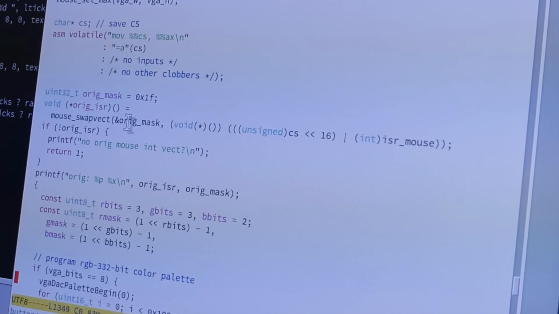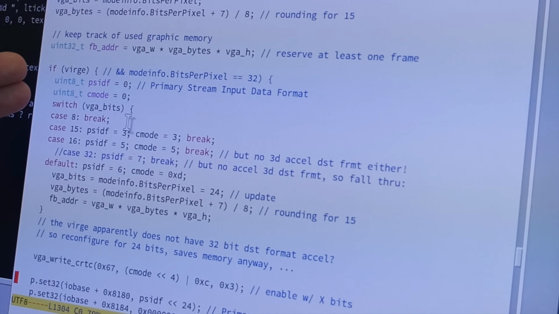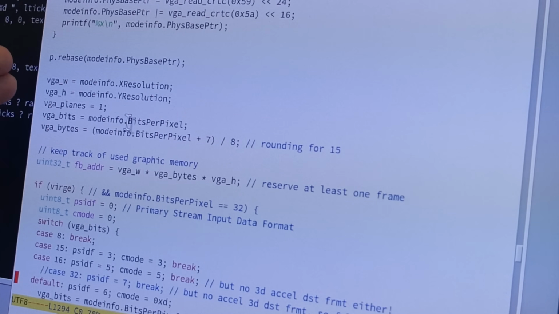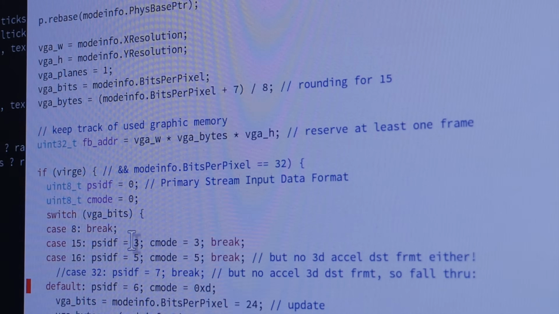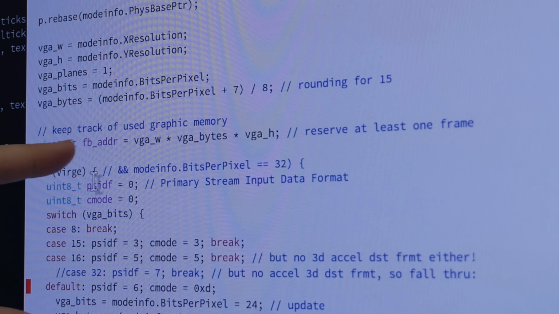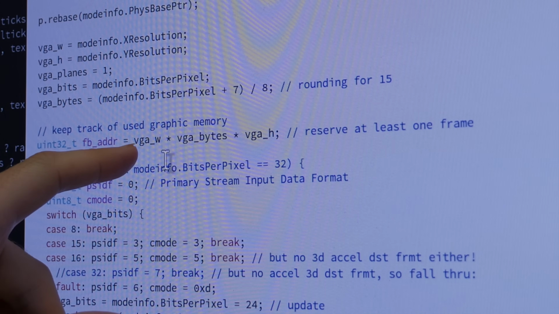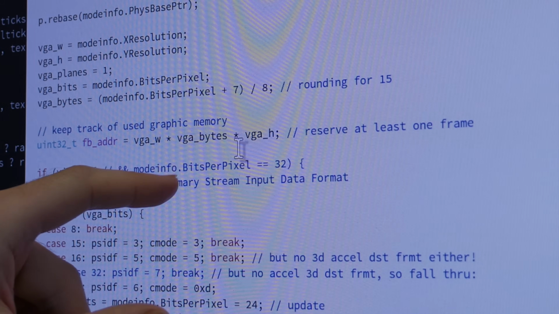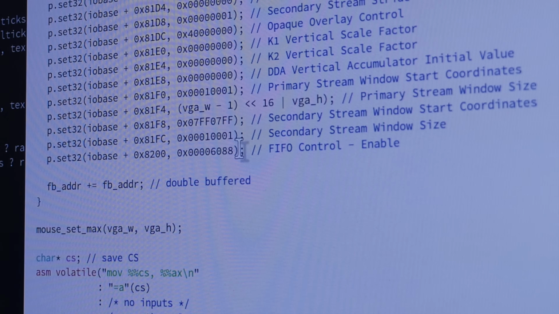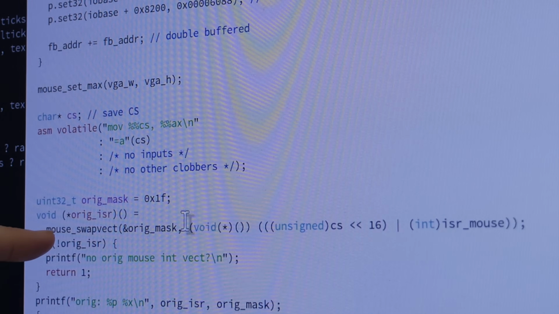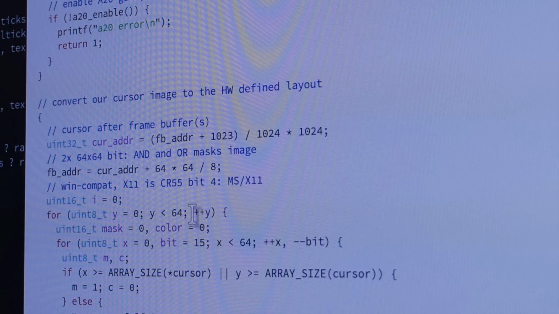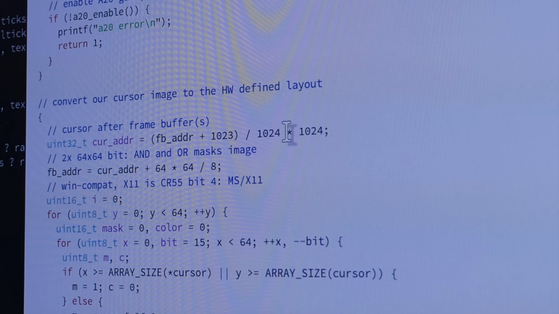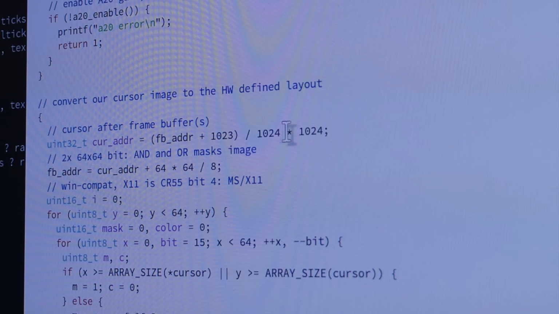And because the rest we allocate here already, allocating meaning we keep track ourselves, because this is bare metal. So this is just an address, and this address we just take here the frame buffer address, the width and height with bytes per pixel, and then times 2 for double buffered, and then also for the Z buffer and the cursor. So we clearly need to allocate here.